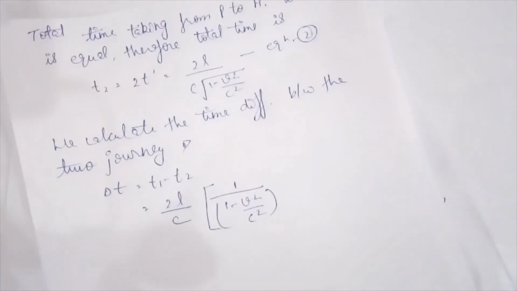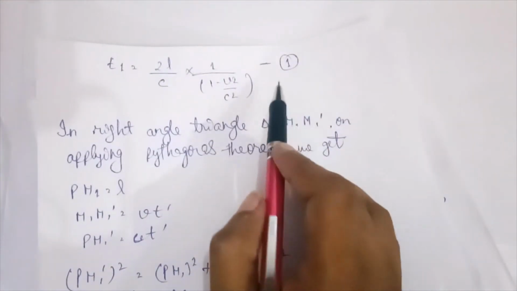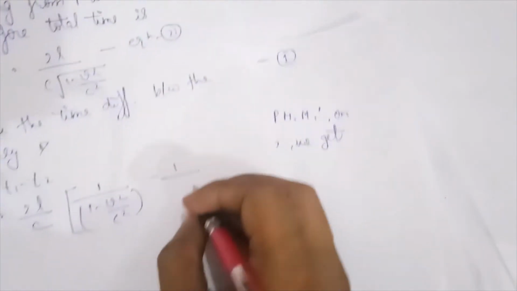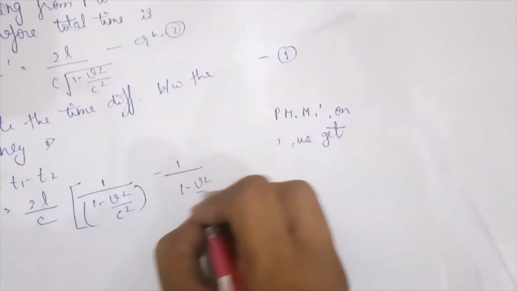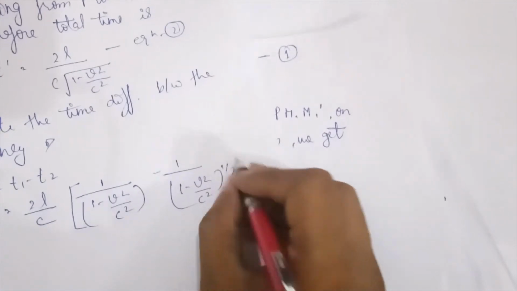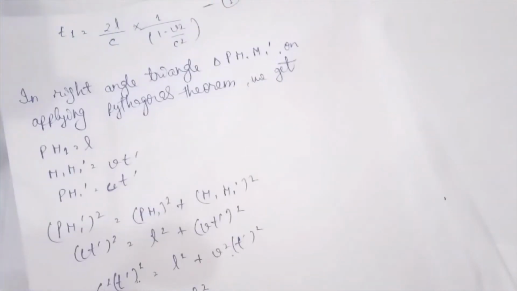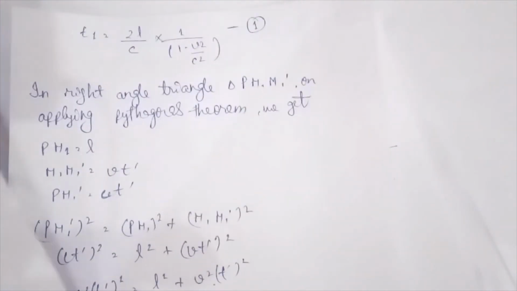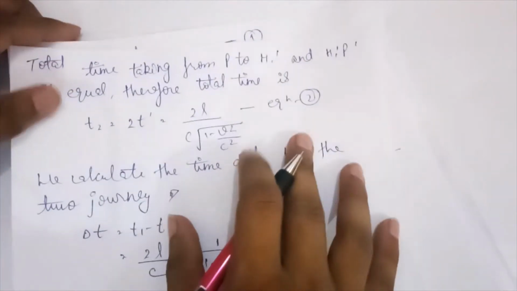This is the value of t1 that we have found here, minus 1 upon 1 minus v square upon c square to the power 1 by 2, which we have found in this page, right?